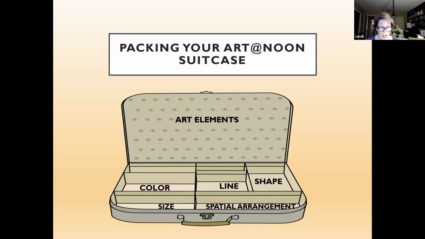There are the elements of line, color, and we've already talked about some of these in previous discussions. Color, line, shape, size, and spatial arrangement are going to be some of the art elements. Now, artists have lots of different views on what the elements of art are and what the properties of art are.